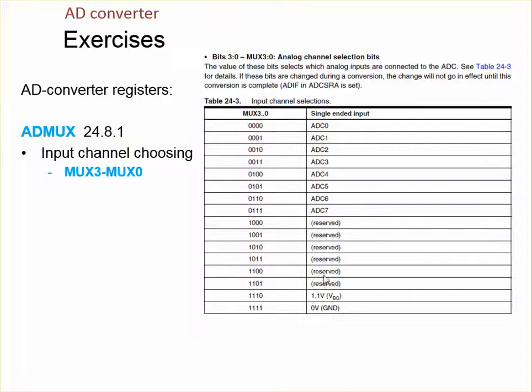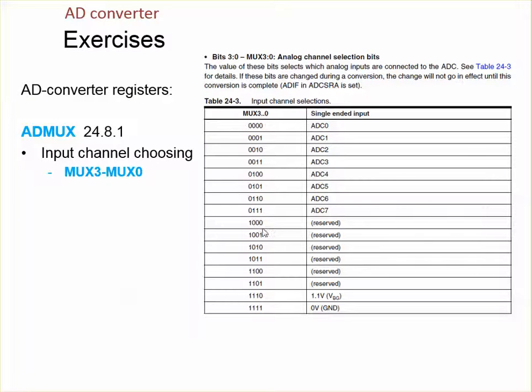And here are these reserved values, so this means that these are not used in this processor mode. And we could also input our reference voltage and 0 voltage if we would, for example, like to verify that our AD converter is still working as it should.